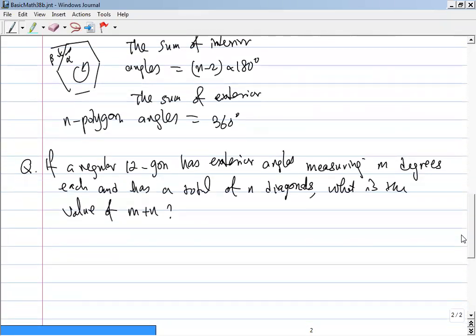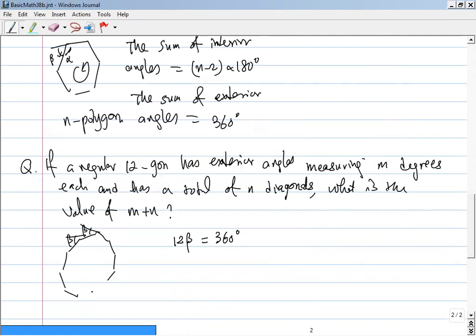It's harder to draw a 12-gon. So what is the exterior angle of the 12-gon? Exterior angle is defined like beta, right? They're all the same. So how many betas are there? 12.